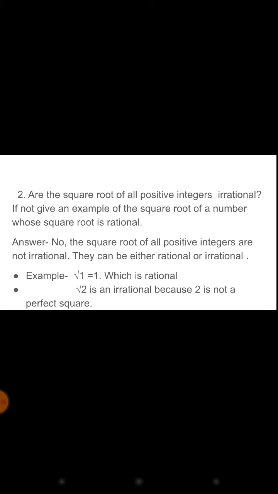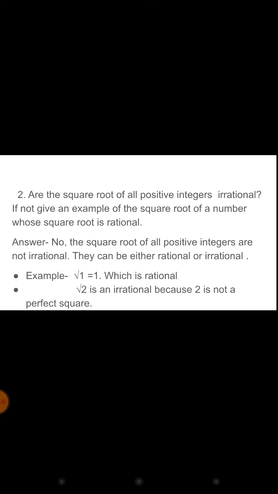Let's see some examples. If we take 1 and find its square root, we get 1 because 1 is a perfect square, so that is a rational number. But when we find the square root of 2, we get an irrational number.